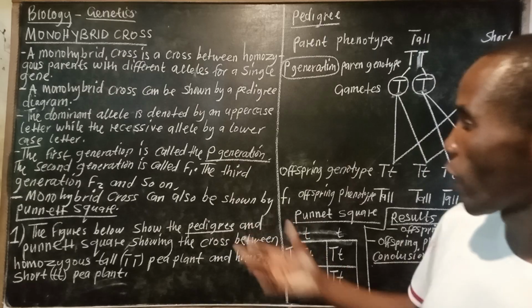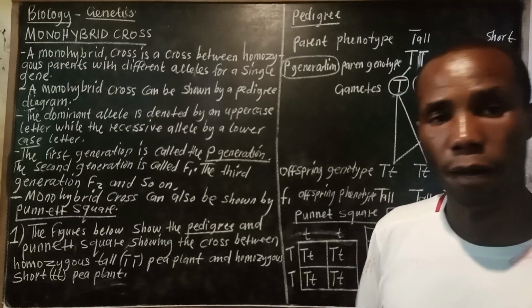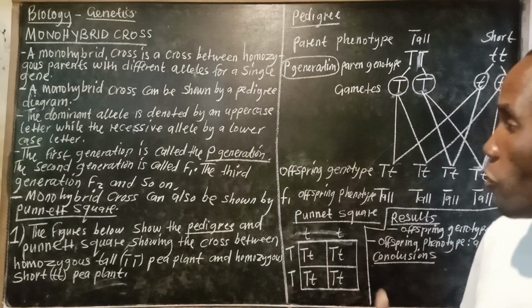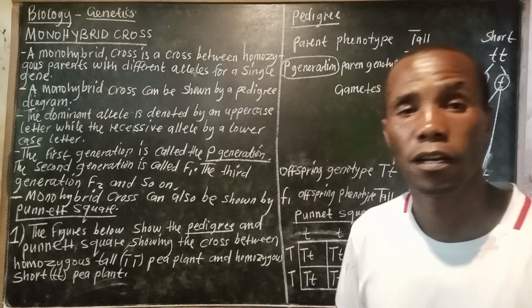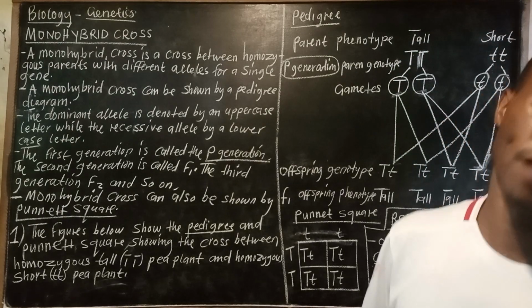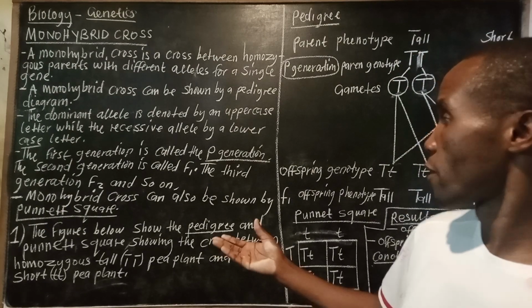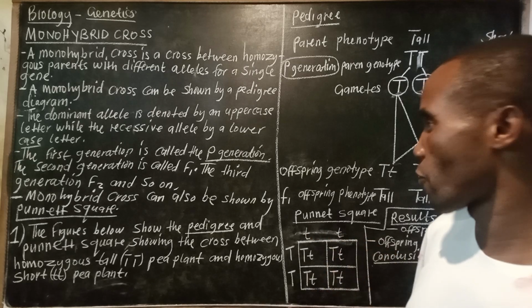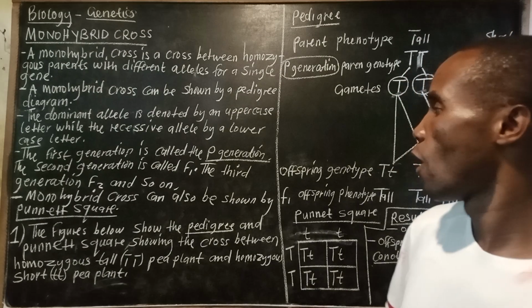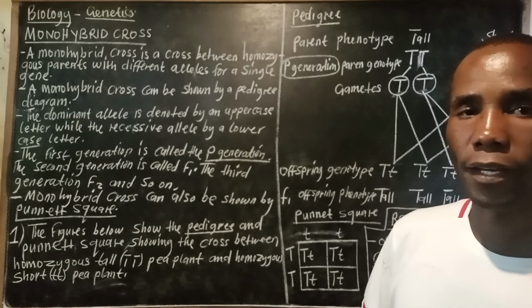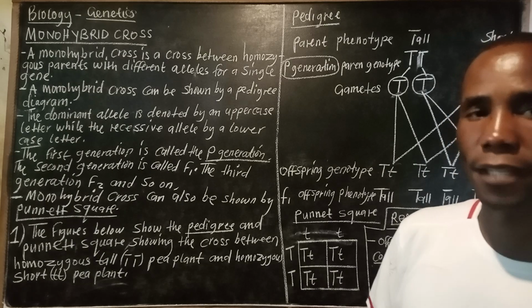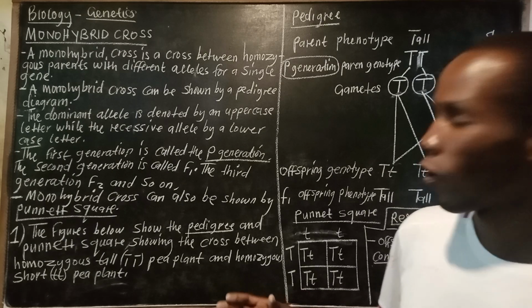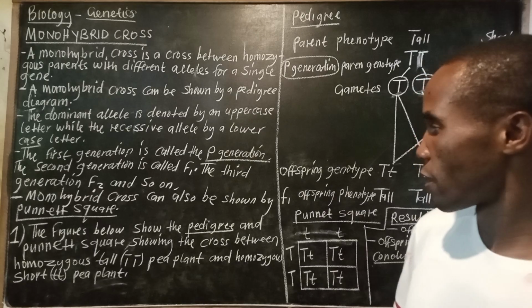Then we go now to the real example where we are going to see this monohybrid cross. The figures below show the pedigree and Punnett square showing the cross between homozygous tall and homozygous short. When we say homozygous tall, that is purely tall, TT, capital letters.